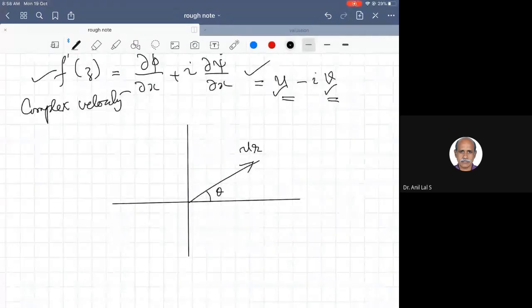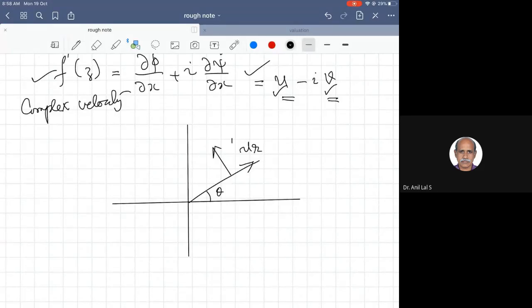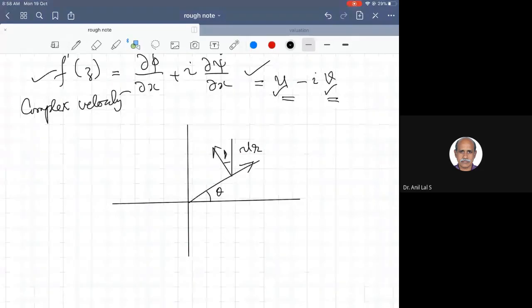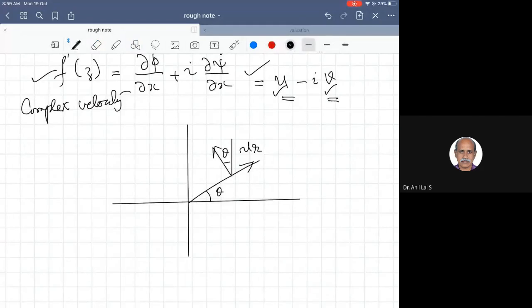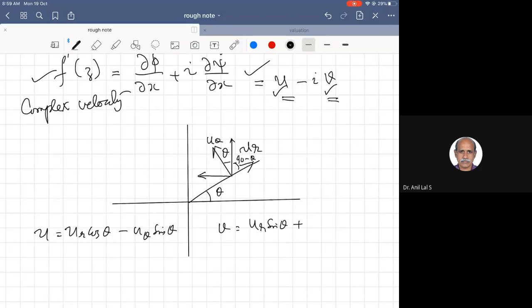So u is equal to ur cos theta minus u theta sin theta, and v is equal to ur sin theta plus u theta cos theta.